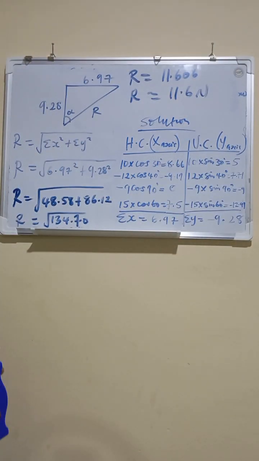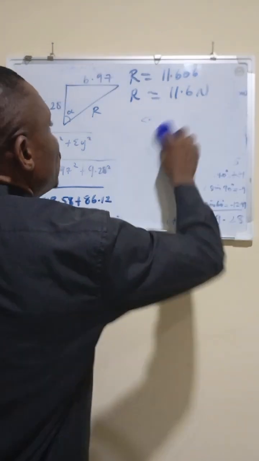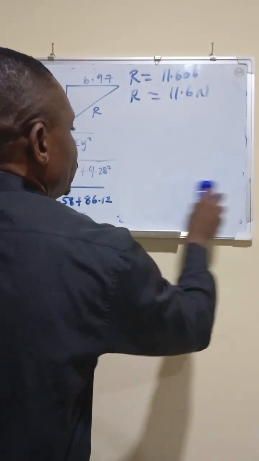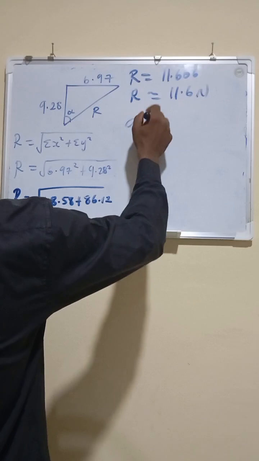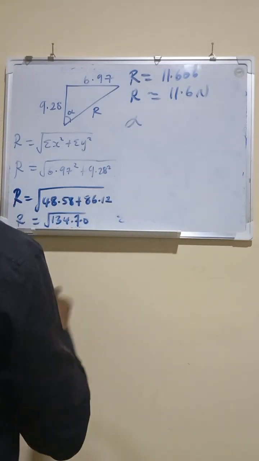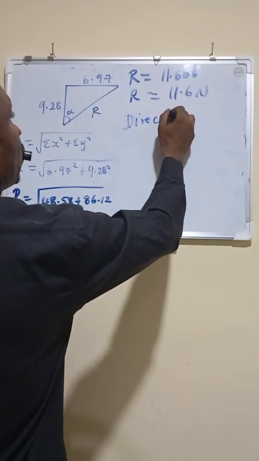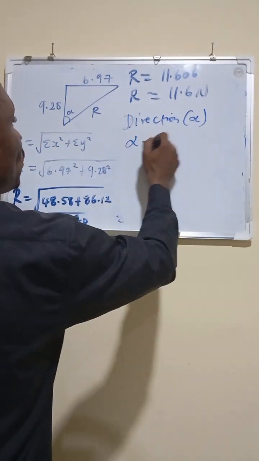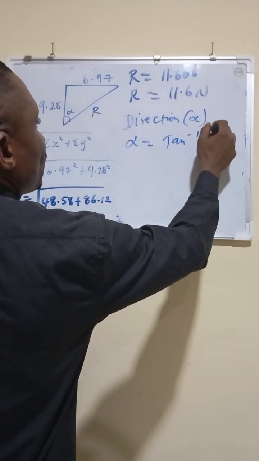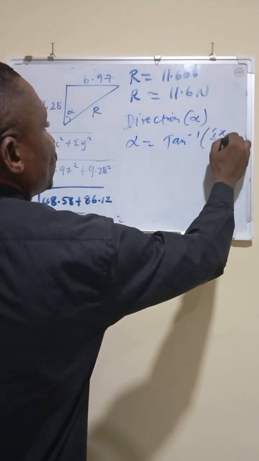So the next thing now is direction. Using direction, which is alpha, alpha equals tan inverse of summation of x over summation of y.